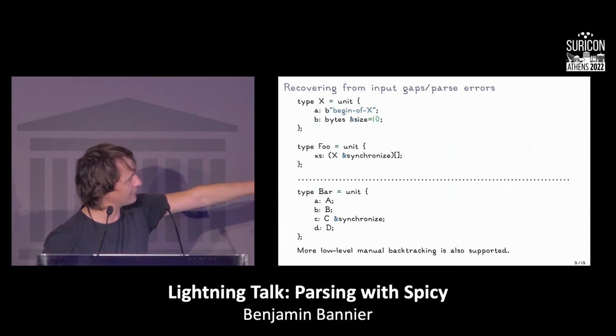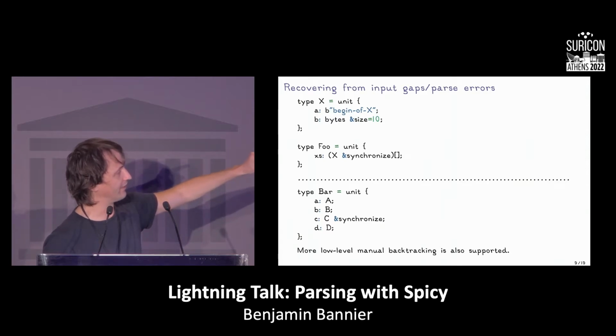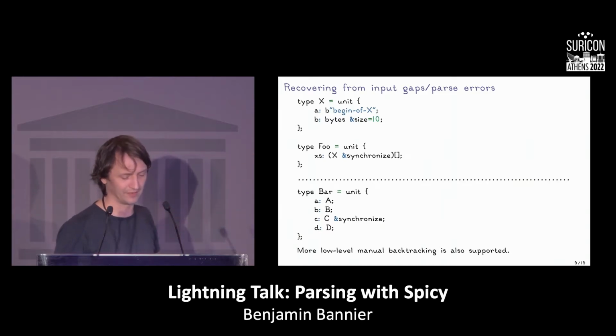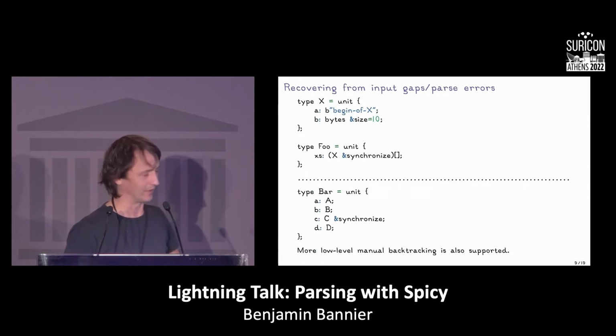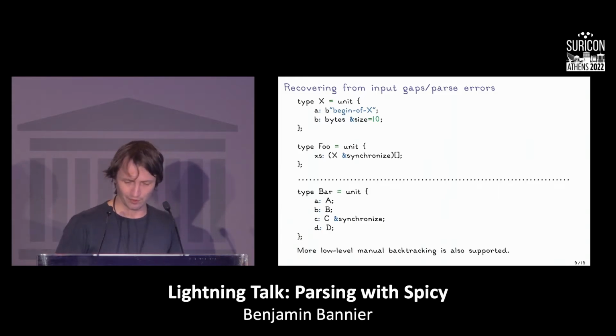So this bar unit on the bottom, if you imagine we would fail to parse, or we would have a gap at field A, we would then skip to field C and try to find that synchronization pattern, whatever that is. That could be some literal, it could be a number of constructs. We also have some support for more low-level backtracking if you need that, for example, to try out what something conforms to.